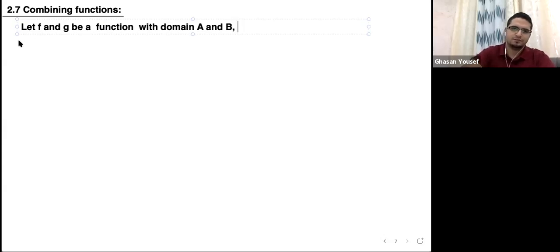Now I can define four things. Number one, the sum of these two functions: f plus g of x is the same as f of x plus g of x.